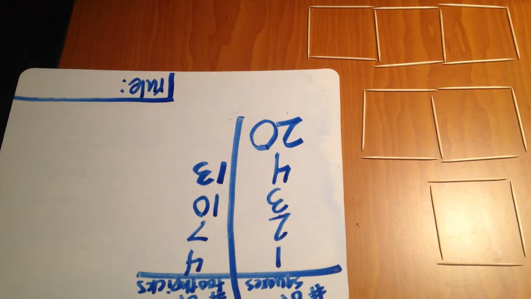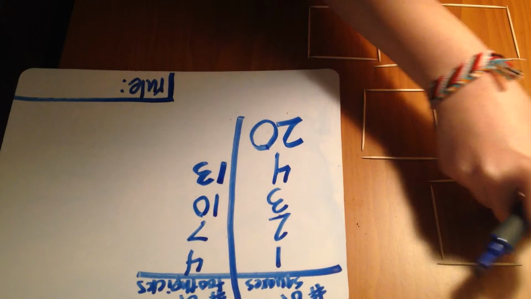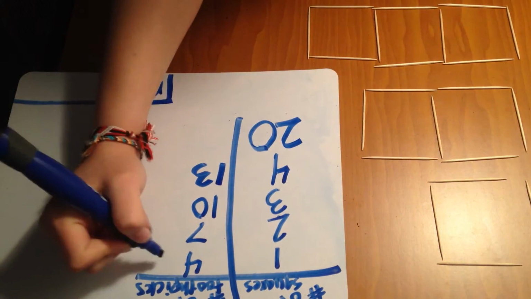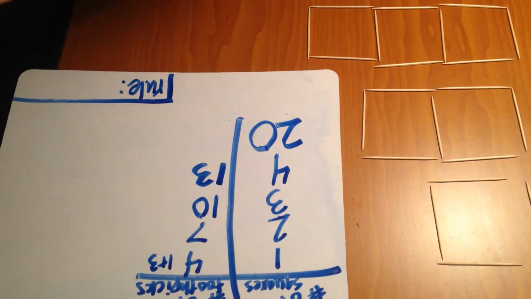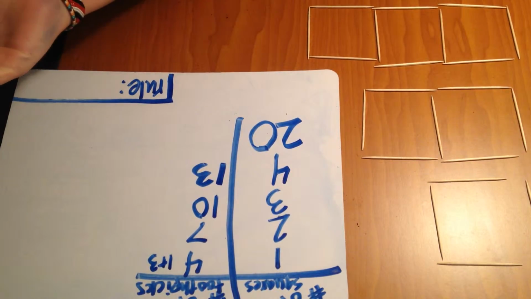So in order for me to find this rule, which will make it easier for me, I know that I need to break up 4. To do this, I'm thinking that I can do 1 plus 3, because I know that 1 plus 3 gives me 4. And I didn't just choose this number because I wanted to.